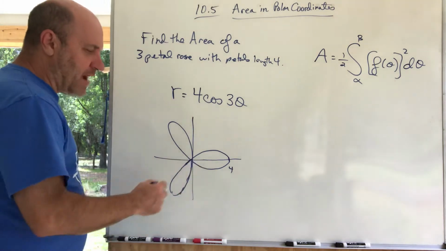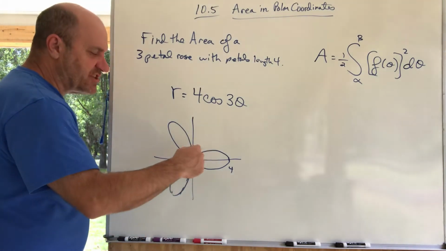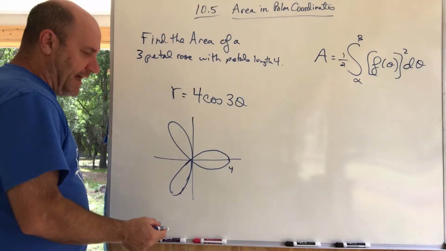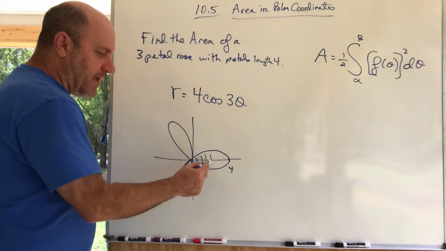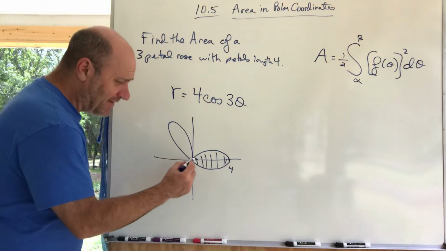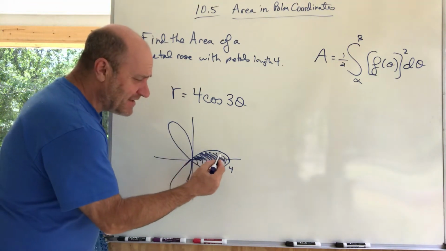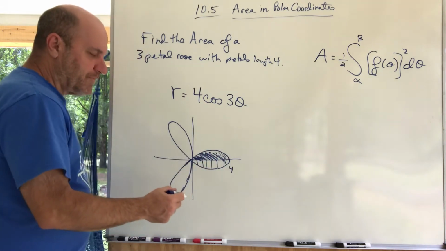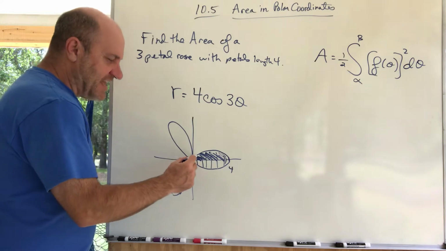Last video I was talking about finding the tangents at the pole. If I want the area of this rose, maybe I want to do one petal and multiply by 3, or maybe I want to do half a petal and multiply by 6. But if I do, then I need to kind of know what's called these tangents at the pole.